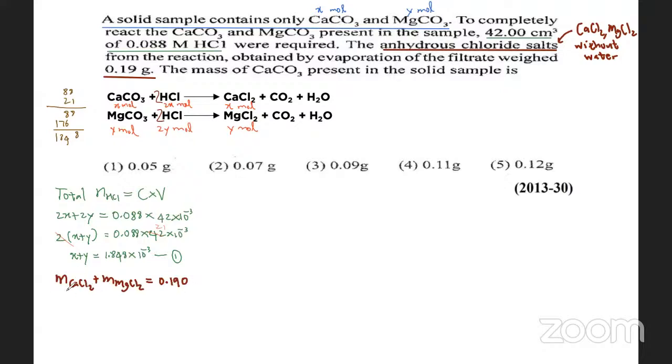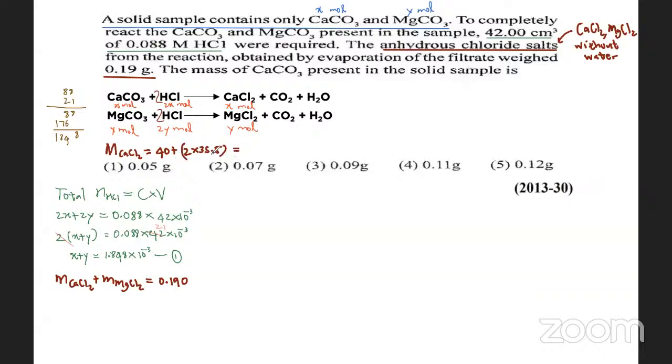What is the mass of calcium chloride? Before I find the mass of calcium chloride, let's find out the molar masses of calcium chloride and magnesium chloride. That information is missing here. I think I might have covered it up, but you know from your previous questions, calcium is 40. Chlorine is 2 into 35.5. Don't say it's not given. These numbers are already used many times.